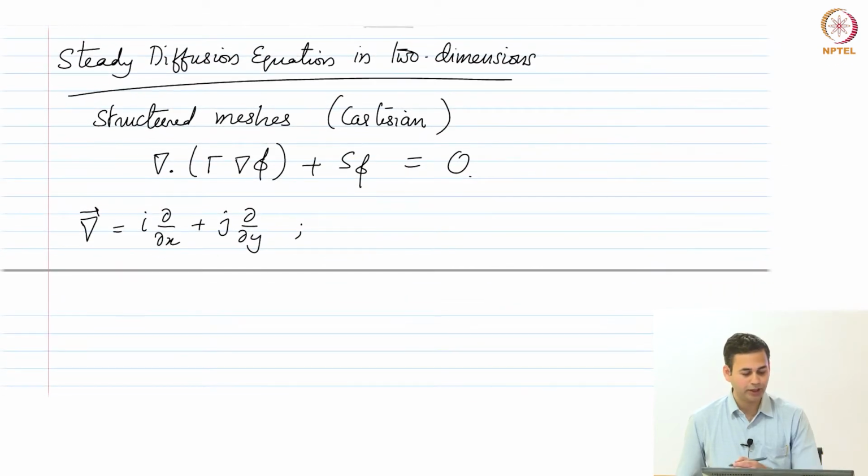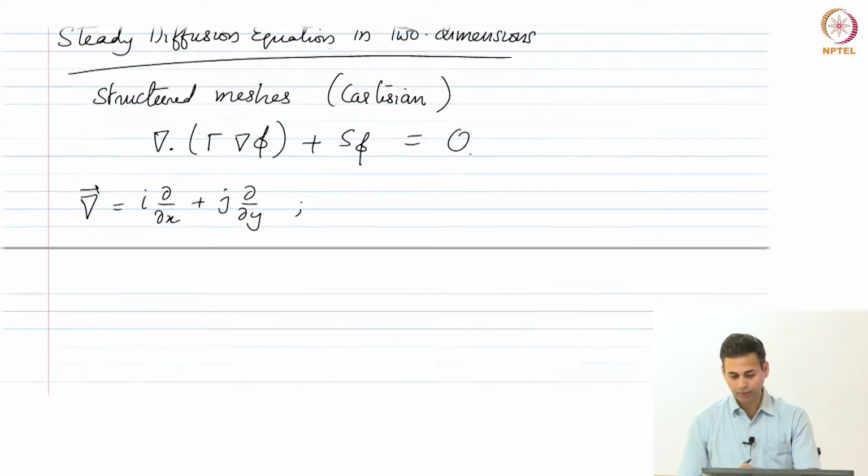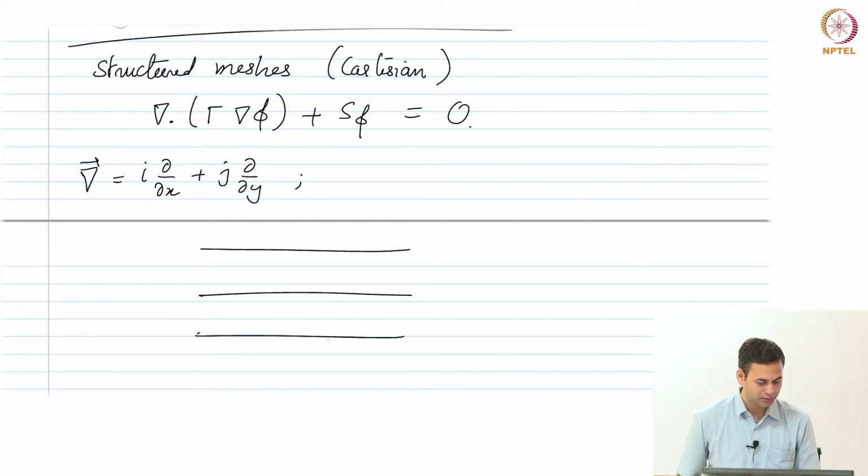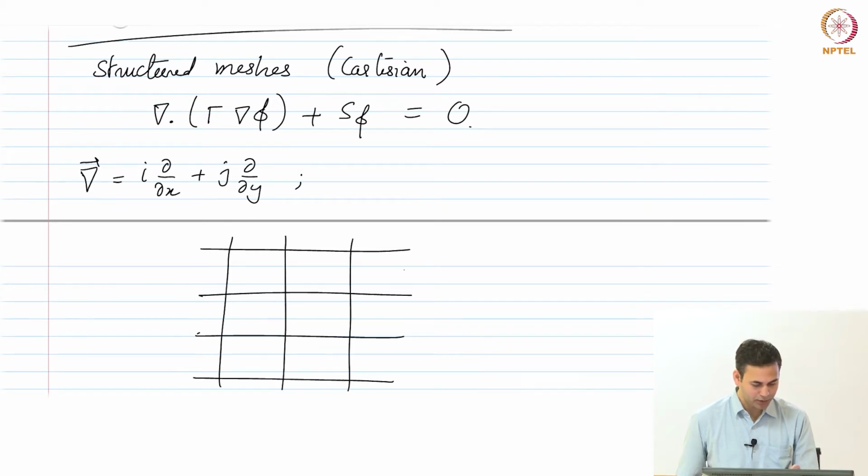Then we have to have a domain to discretize this equation, on the particular cells. So, I am going to draw a particular domain here. The domain we choose looks like this. Okay, so this is a domain that is discretized. So this is the mesh.